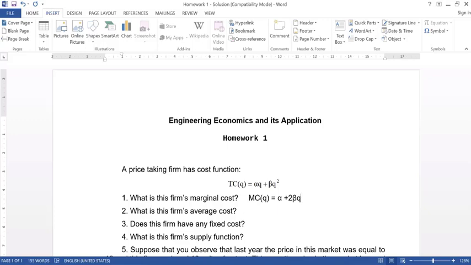Now, question number 2. What is this firm's average cost? The average cost is very simple.